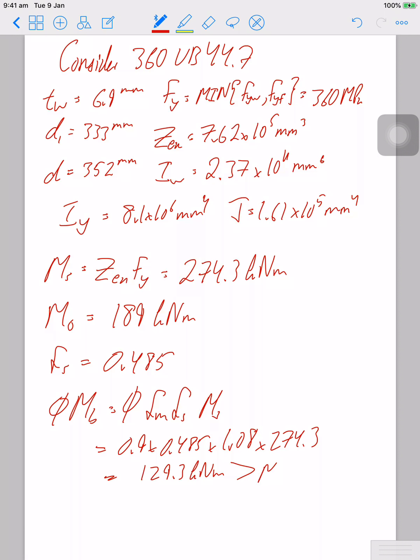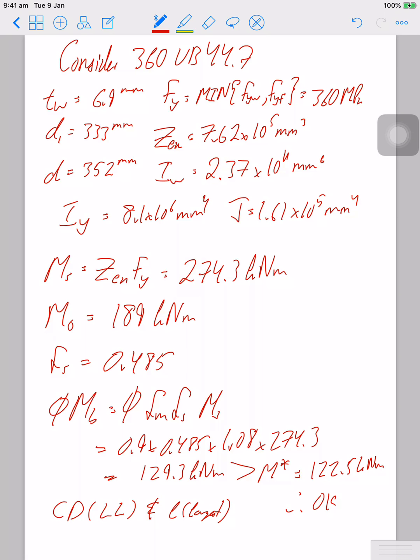And that is larger than our design moment, 2.5 kilonewton meters. Therefore, okay. Now we know that the most critical section is CD because the length of this subsegment is the largest.